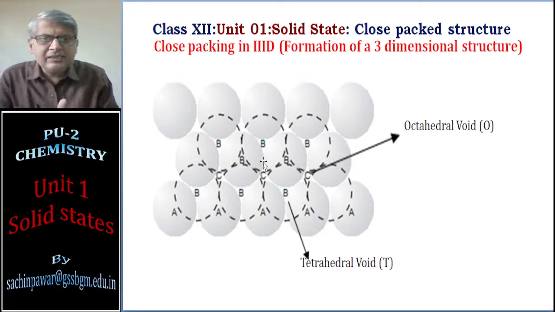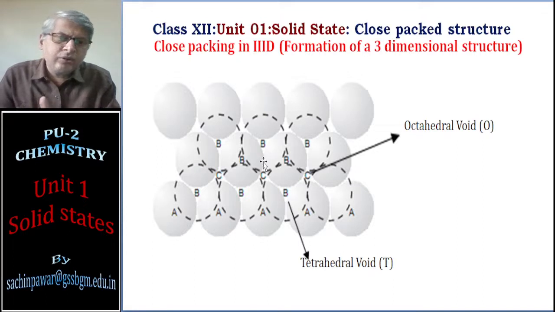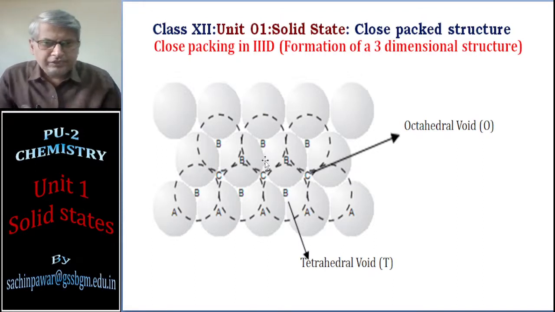So I have to choose: either particles of the third layer occupy the tetrahedral voids, or they occupy the octahedral voids. Only two possibilities, that is either the B spot needs to be filled or the C spot needs to be filled.